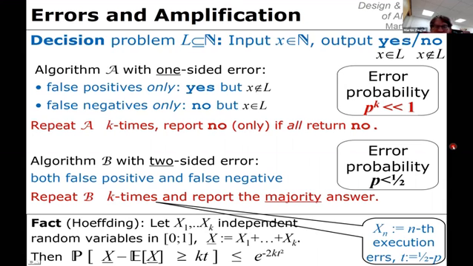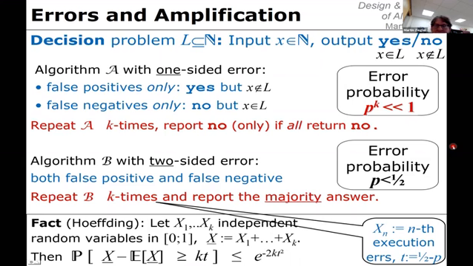So this is kind of a Bernoulli random variable with values 0 and 1. And the n plus first execution is independent of the nth execution, right? So the n plus first execution flips its own set of coins, which are therefore statistically independent of those flipped in the nth execution. So these random variables are indeed independent, and therefore we can apply Hoeffding.